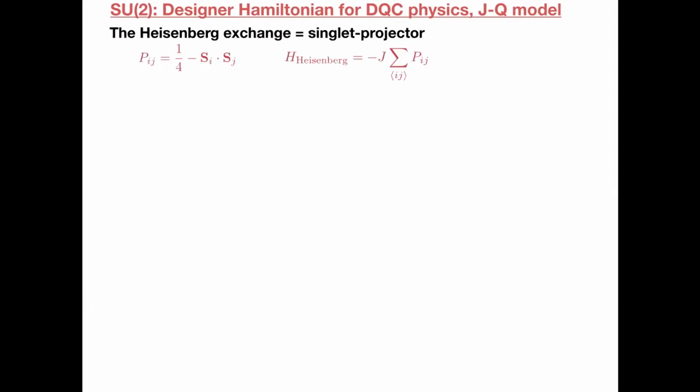If we think of the Heisenberg model, it is the sum of singlet projectors. This is the singlet projector on two spins, and the Heisenberg model has a minus sign for the singlet projector. So it somehow likes to have singlets on the bonds, but of course it cannot have singlets on all the bonds at the same time. But we can introduce some interaction that likes to correlate those singlets projected by the Hamiltonian.